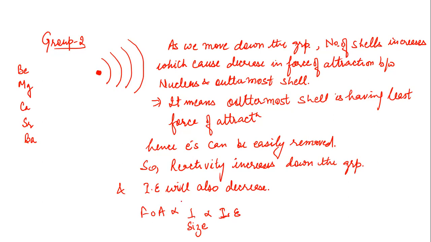The more the force of attraction, the more the ionization energy; the lesser the force of attraction, the lesser the ionization energy. Clear? So beryllium has the maximum ionization energy and barium has the least ionization energy. Got it? Do you want to note it down?